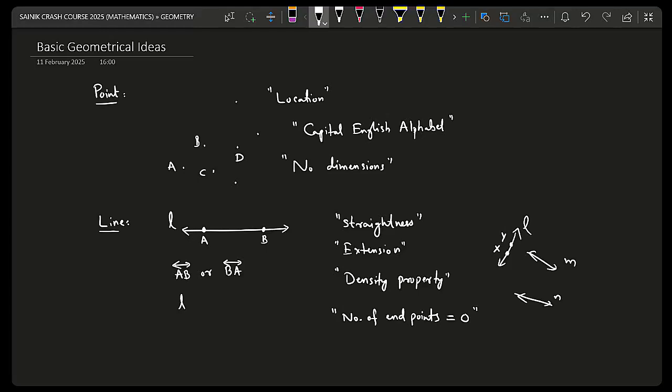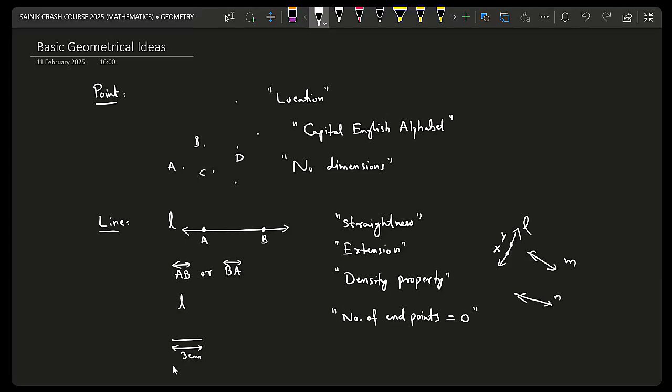See, for example, if we take part of a line, we are going to call it a line segment. A line is different, a line segment is different. Now, does this line segment have any length? Yes, sir, like 3 centimeters, 4 centimeters, etc. How is this line segment formed? This line segment is also formed by a set of so many points only. Because so many points are coming together to form some shape, it can be measured.